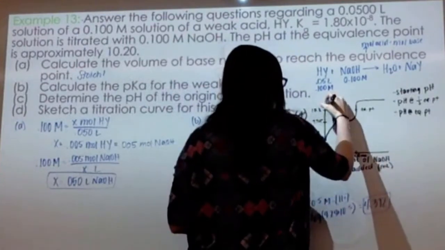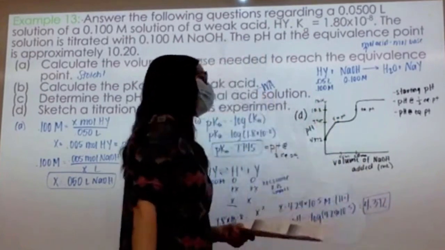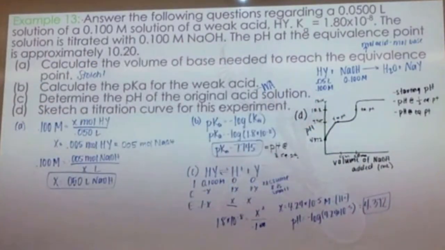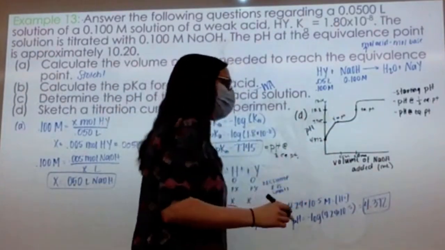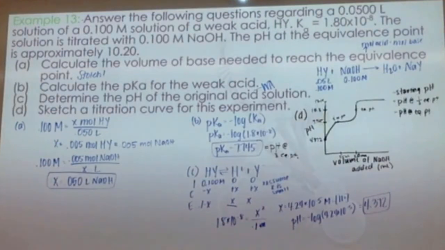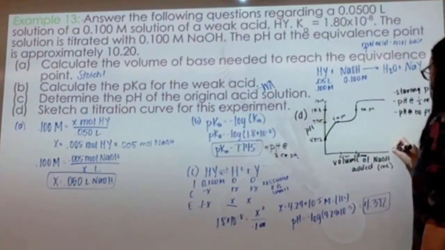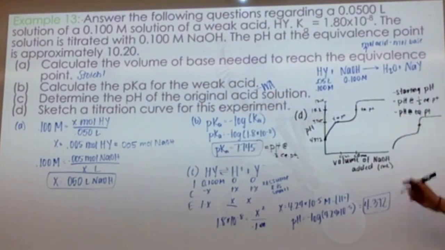But notice up here, I ended maybe at a pH of 13 to 14 because it was NaOH. So here's our titration curve. Mine isn't as smooth as the ones that you saw in the video. You can see the smooth ones in the video, kind of what they're supposed to look like. But you have this buffer region, and then you have your equivalence point. That's close. So that was part D.